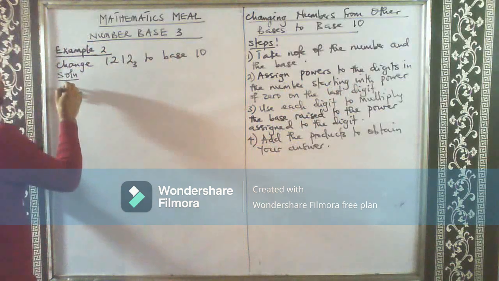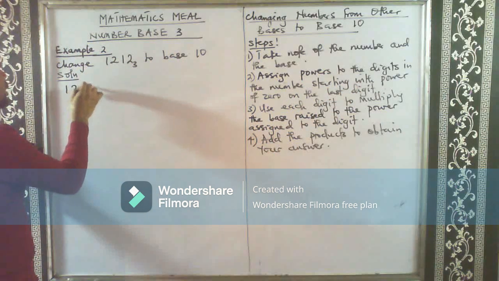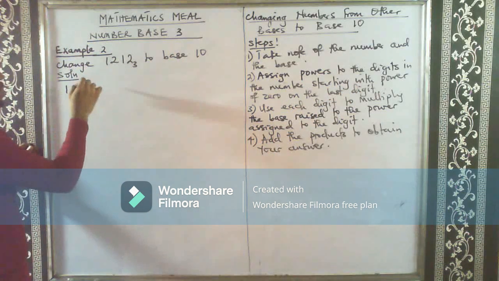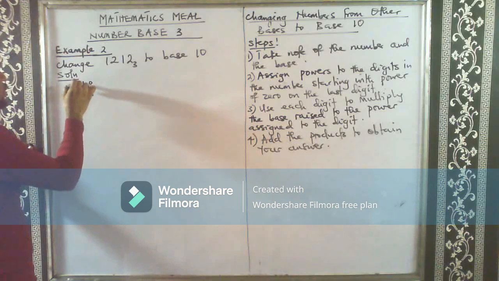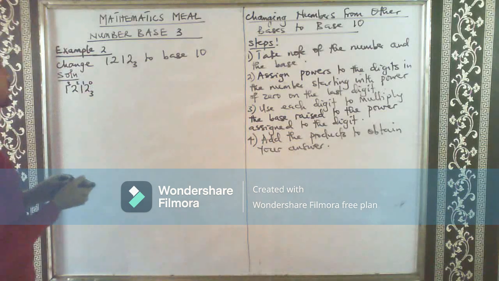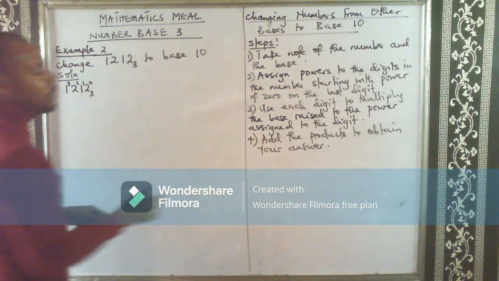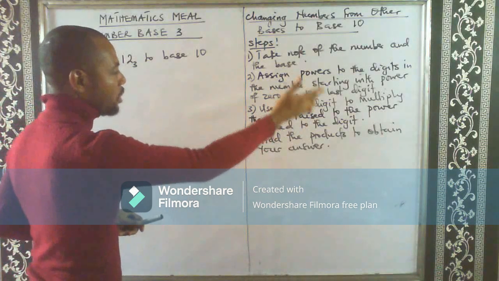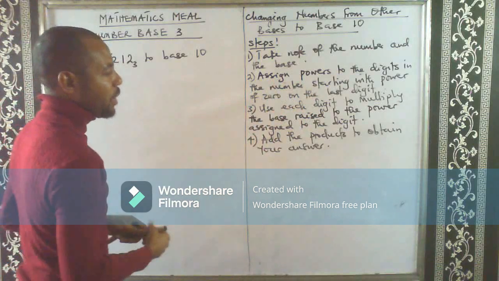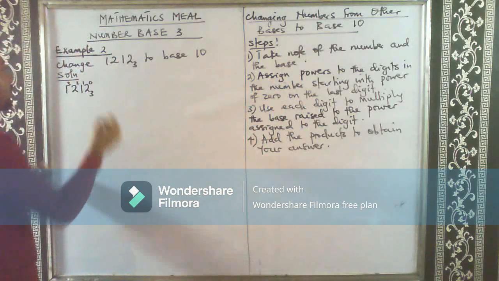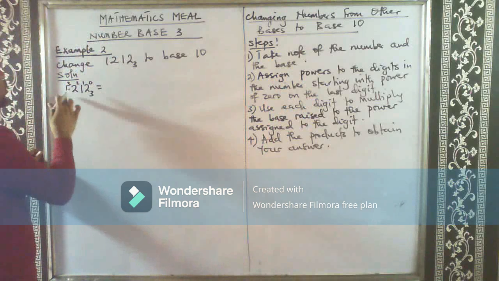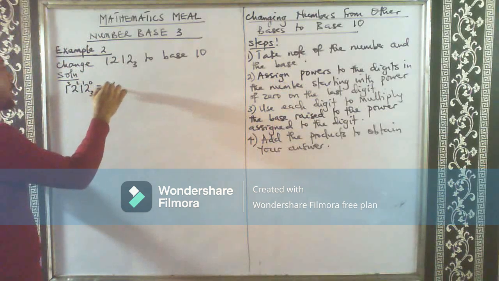So we have 1, 2, 1, 2 in base 3. If we assign powers, we have 0, 1, 2, and 3. So we have assigned powers to each of the digits. Then we use each digit to multiply the base raised to the power assigned to the digit.